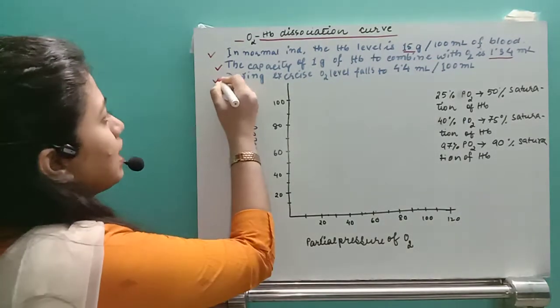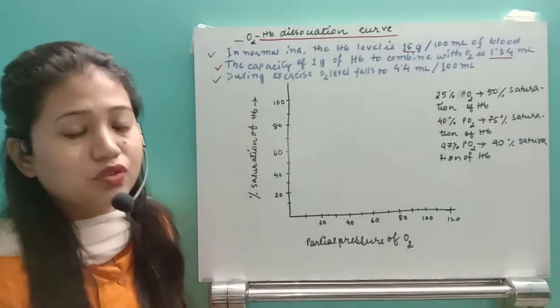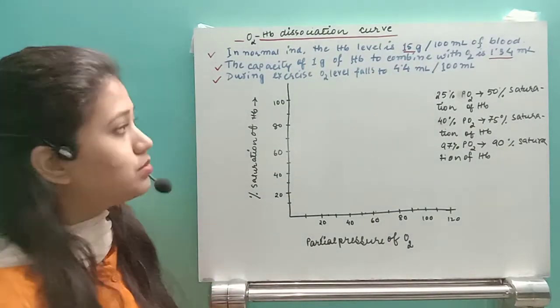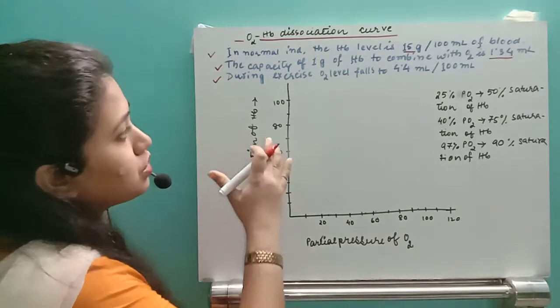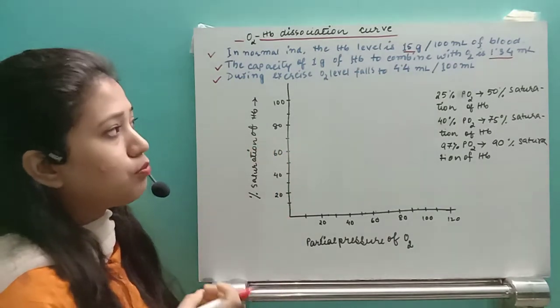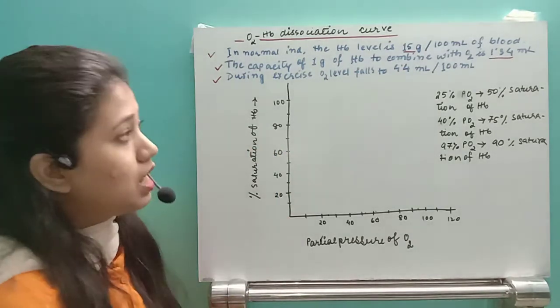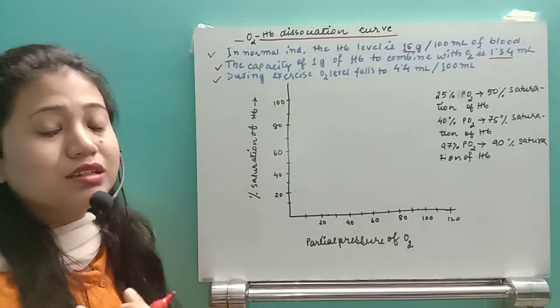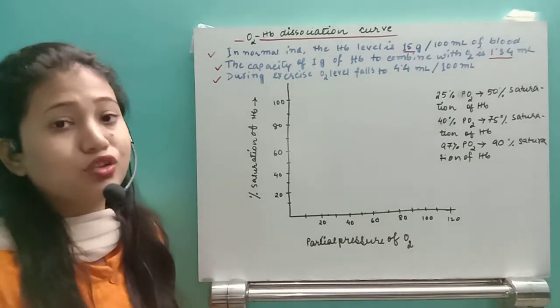Next, during exercise, during strenuous conditions, when we already have oxygen debt, this oxygen level falls to 4.4 ml per 100 ml of blood. So we start to have panting.